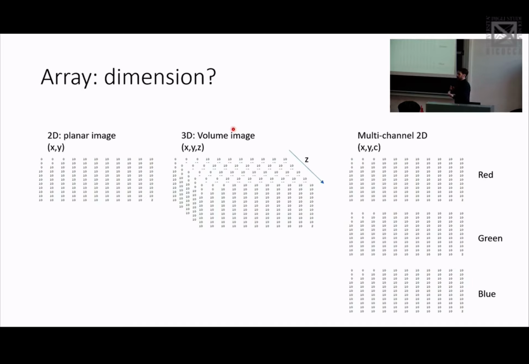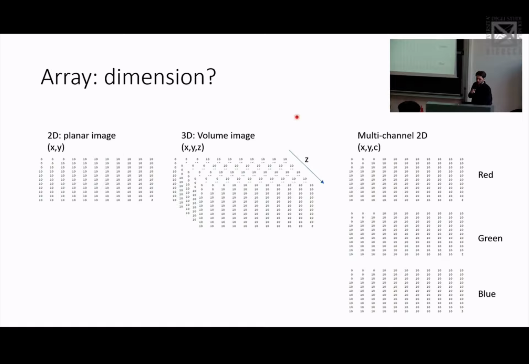We have said this is a matrix, and what's the dimension of this matrix? It can depend. It can be 2D, because the screens you see are 2D, so in general you have one number for every position. But also in medical images, very often you can have 3D arrays. You have 3 positions, X, Y, and Z. You have a volume.